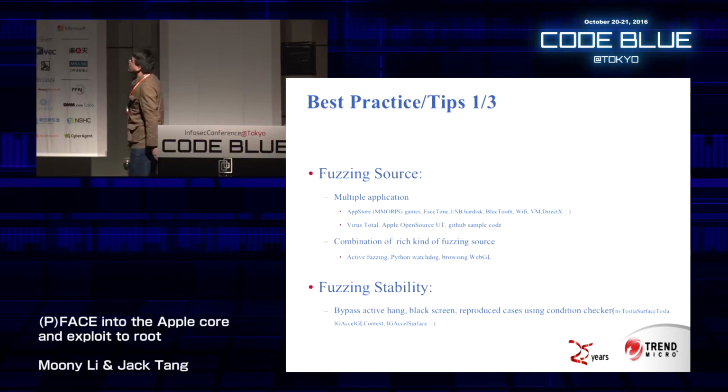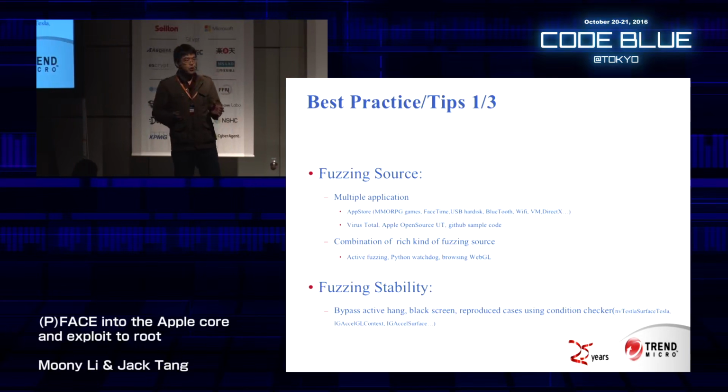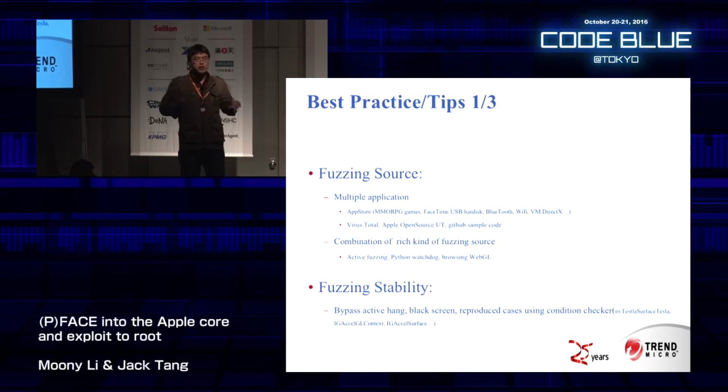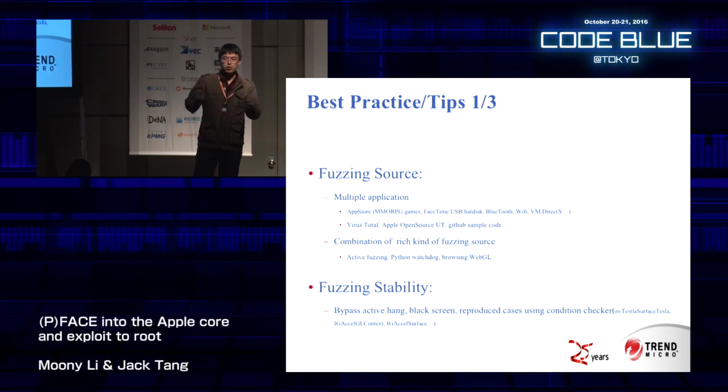About the fuzzing source, we recommend you download and launch different kinds of applications from, for example, the Apple Store, because different applications towards different hardware devices could generate different data and exceptions to the system or to our passive fuzzing framework.